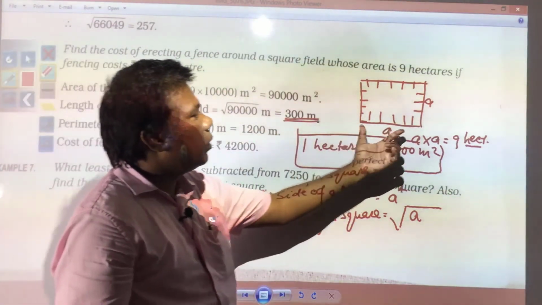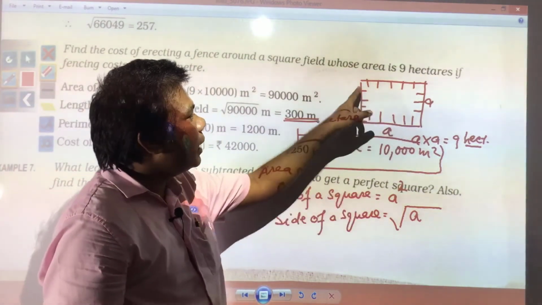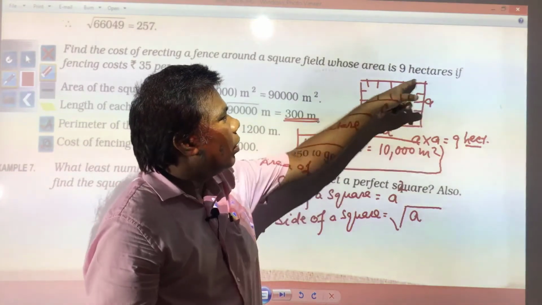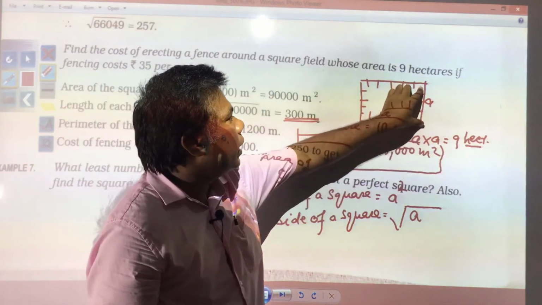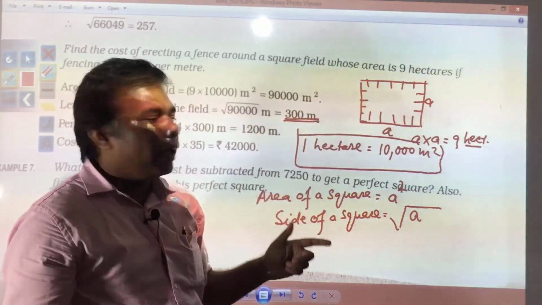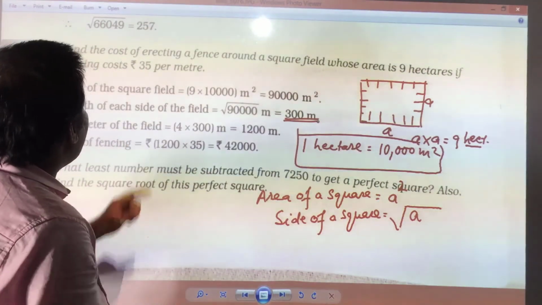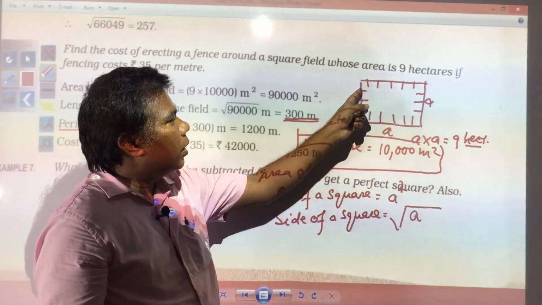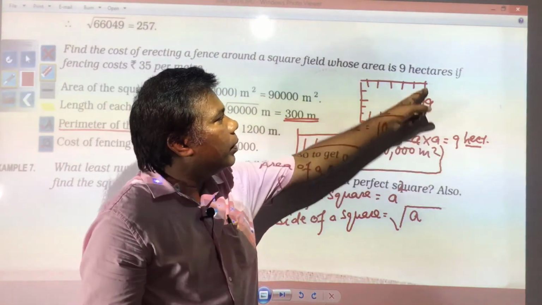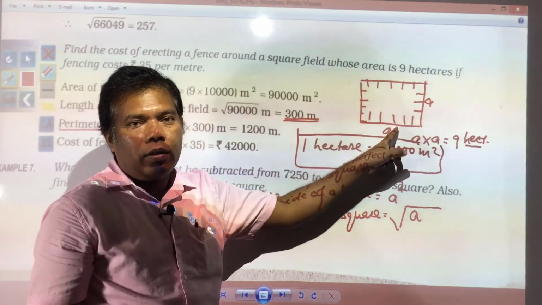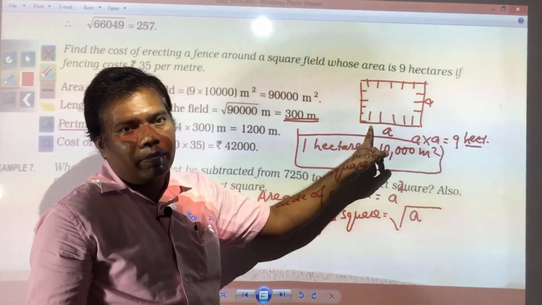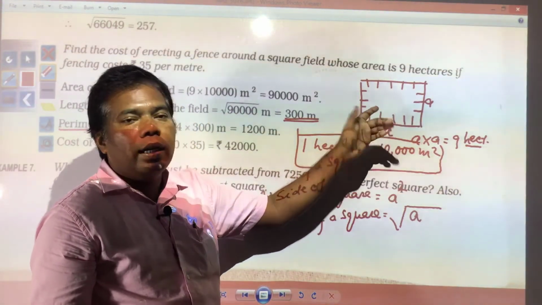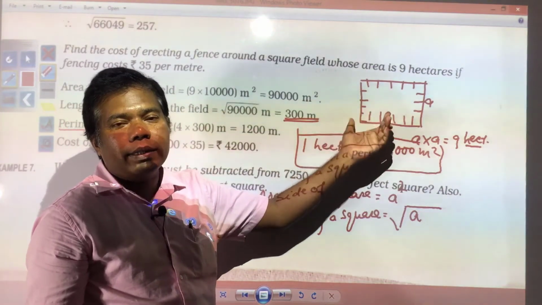300 meter is one side. So how many sides do you have? Fencing will be required to be done on all four sides, 300, 300, 300 and 300, 4 times. So the perimeter of the field, what is that called? Perimeter. The length of the boundary of a given figure is called the perimeter of the given figure. That could be any quadrilateral or triangle or pentagon, hexagon.